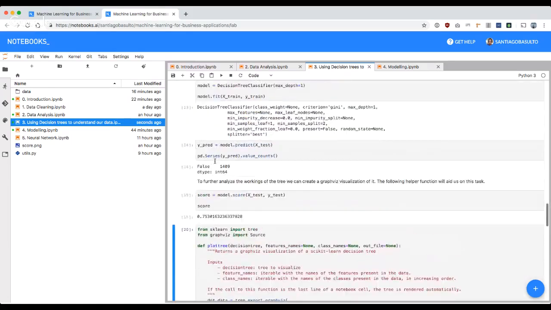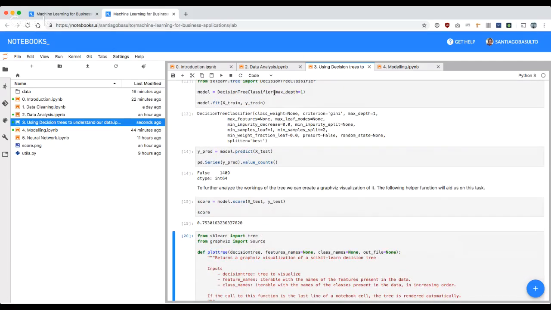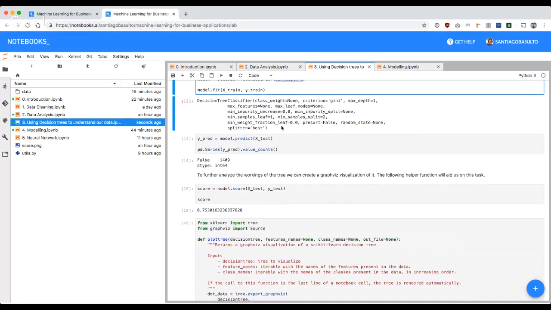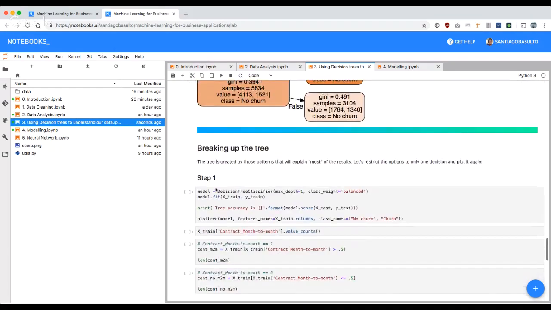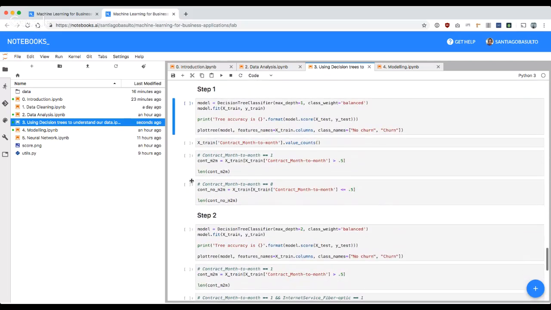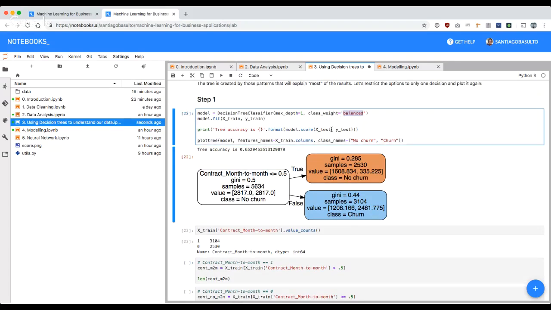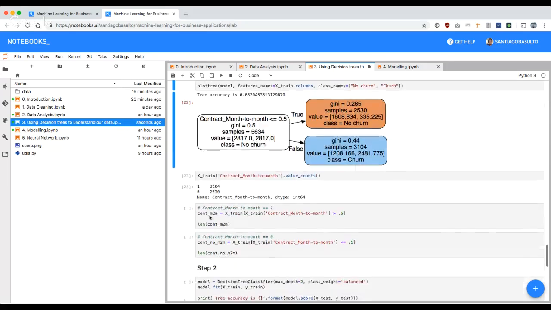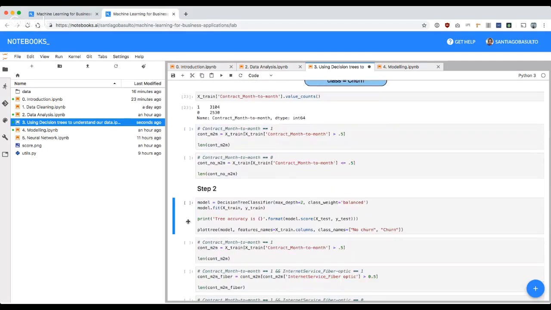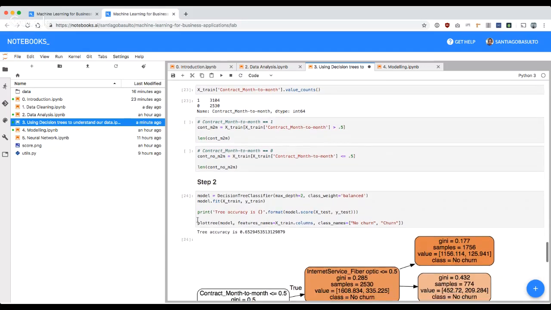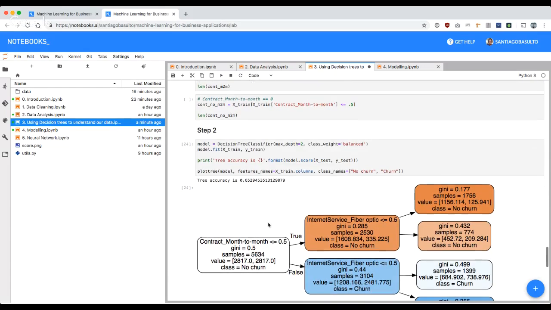What I've done here is limit this decision tree to only have one level, so that's the maximum depth. But we will actually start giving that decision tree more levels. In this case, I have a one-level decision tree, but I have made it a balanced one. I know that internally my data set is unbalanced, so I want to fix that. And if I do that, the predictions are going to be different. I can then move to a two-level decision tree. And here we're going to find what is that second variable that is going to be important.